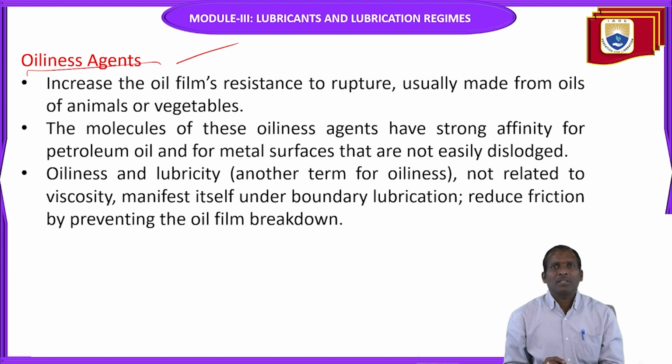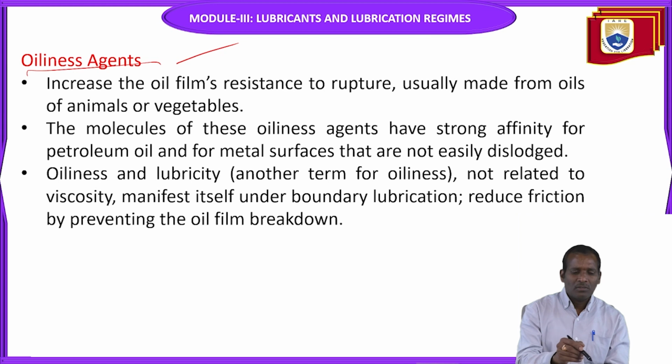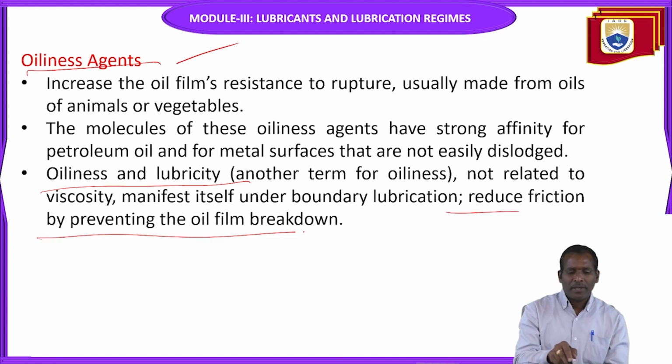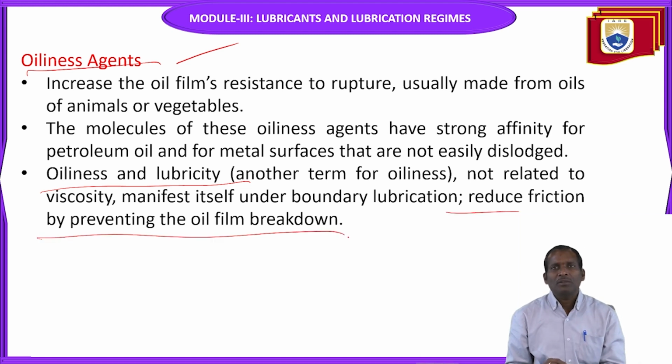The molecules of these oiliness agents have a strong affinity for petroleum oil and for metal surfaces, and are not easily dislodged. Oiliness, or lubricity, is not related to viscosity and manifests itself under boundary lubrication, reducing friction by preventing oil film breakdown.